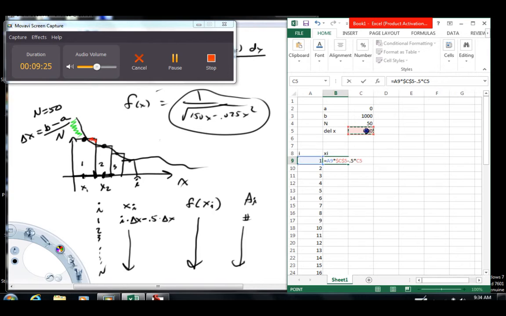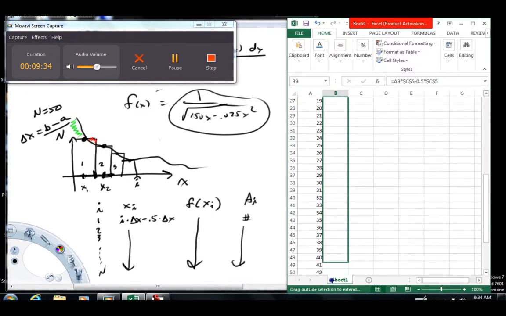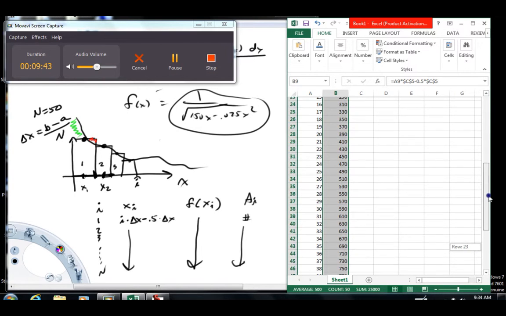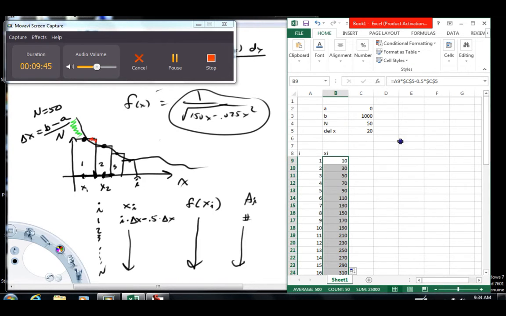That again has to be locked down, so F4 it. That double dollar means that when we scroll, Excel will not allow that cell to scroll with it. I'm going to fill these all out. If I did this right, this one should be just short of 1,000. Boom, 990. Our delta x is 20. It's 990 because, remember, we centered the rectangles.